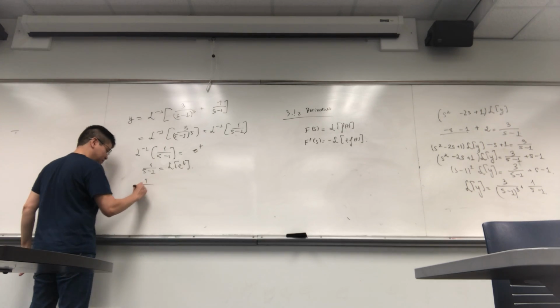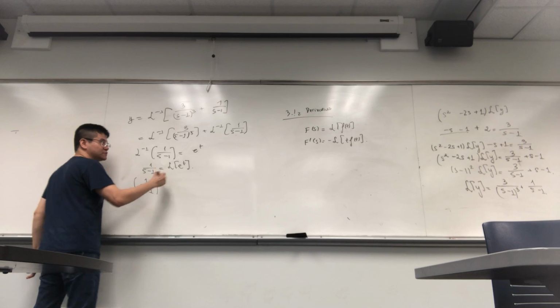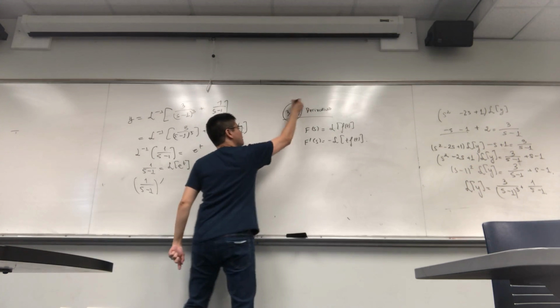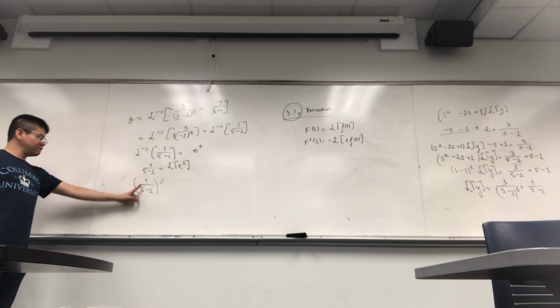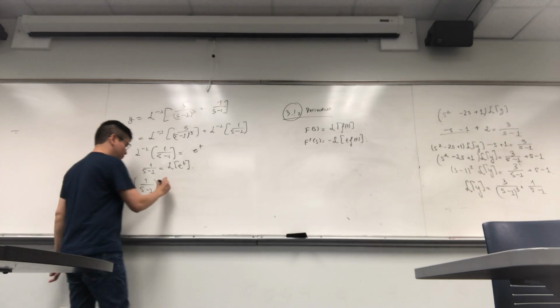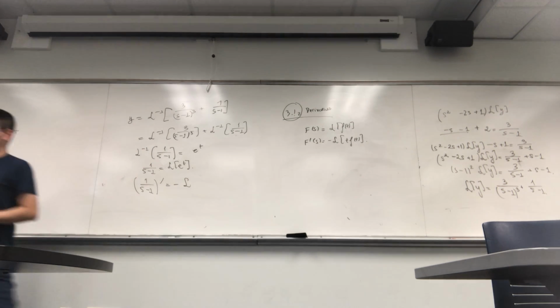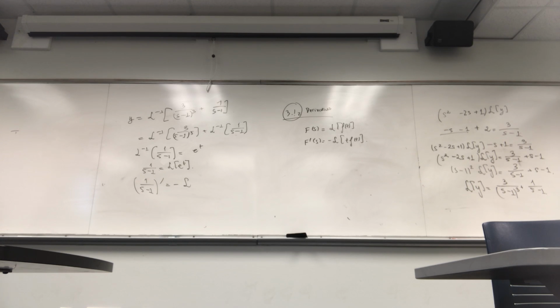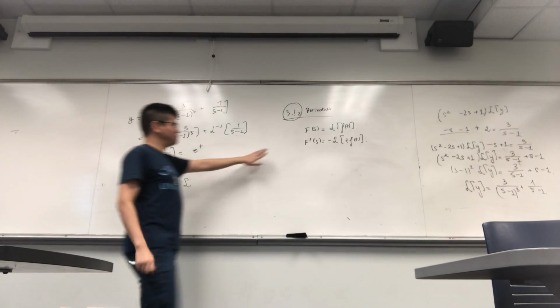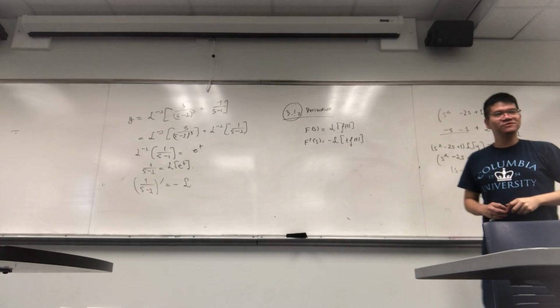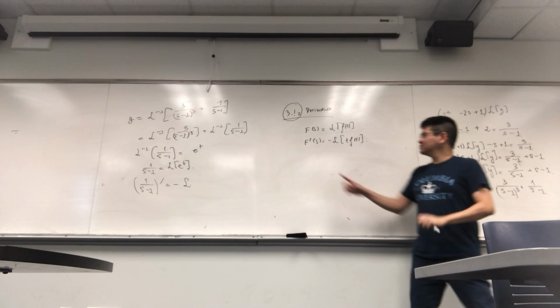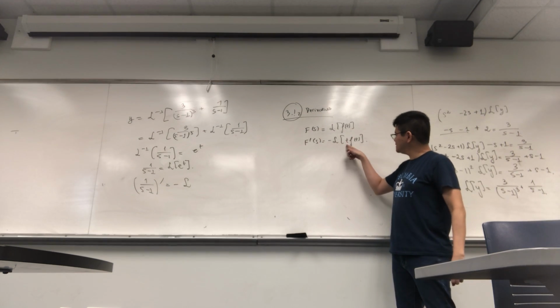So I have the derivative of 1 over (s minus 1). I want to apply this formula: F(s) is the Laplace transform of f, so F prime will be minus the Laplace transform of t times f.